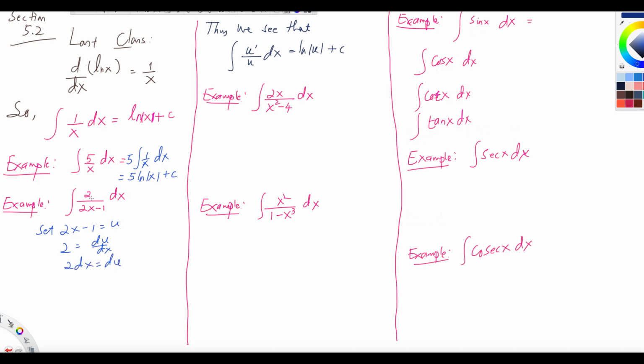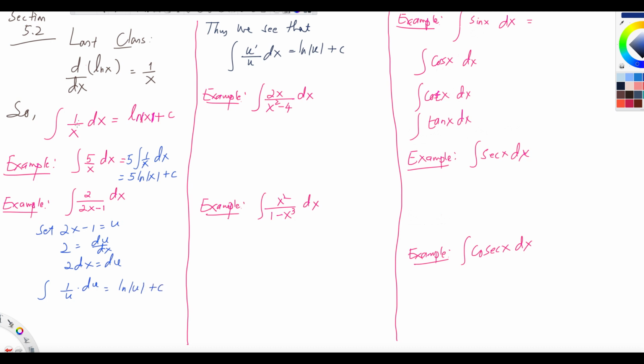You see that here? So you will replace the 2 and dx by du, and 2x minus 1 by u. So this integral can be written as 1 over u times du. So what is that? That will be natural log of u plus c, right?